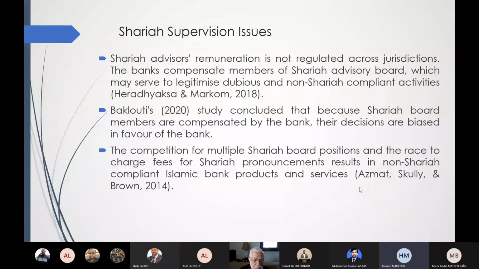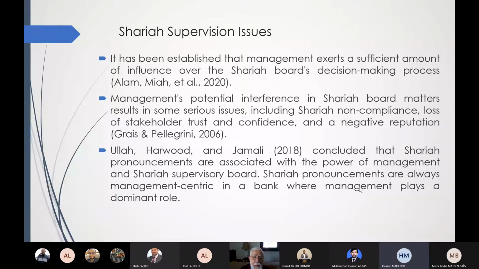Bakluti in 2020 concluded that because Sharia board members are compensated by the banks, their decisions are biased in favor of the bank. The competition for multiple Sharia board positions and the race to charge fees for Sharia pronouncements results in non Sharia compliant Islamic products. Azmat et al. 2014. Similar studies were conducted by.